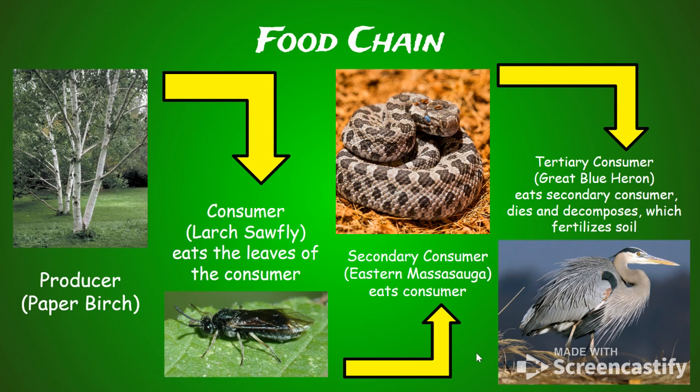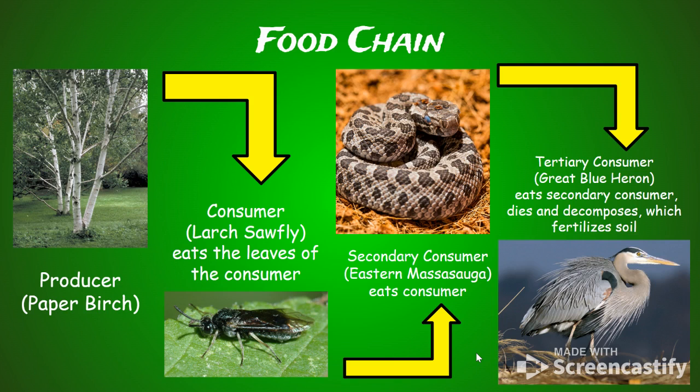There is a sort of food chain that happens in poor conifer swamps. It starts with the producer, which in this food chain shown here is paper birch. Then the consumers eat the producers. The consumer shown here is a large sawfly. They eat the leaves off of paper birch trees.